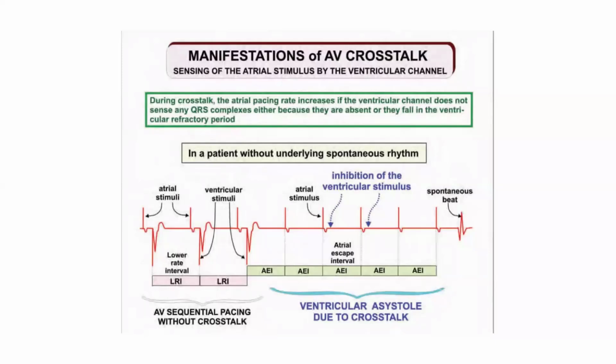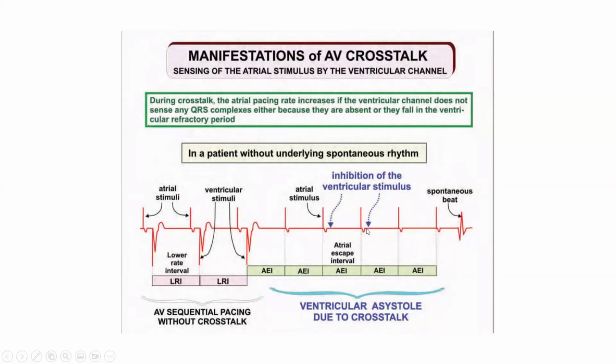So if the pacemaker in the ventricular lead sees the atrial spike and mistakes it for a QRS complex, it will not fire, and this may cause the patient to go into asystole. Like this example, the pacemaker is sensing the atrial spike as a QRS complex and it doesn't fire.